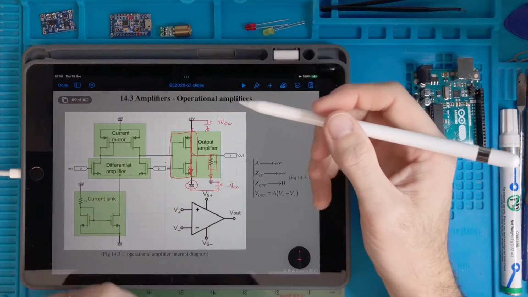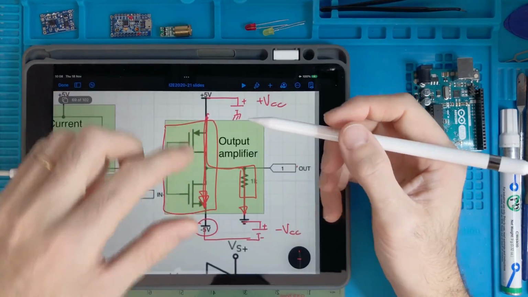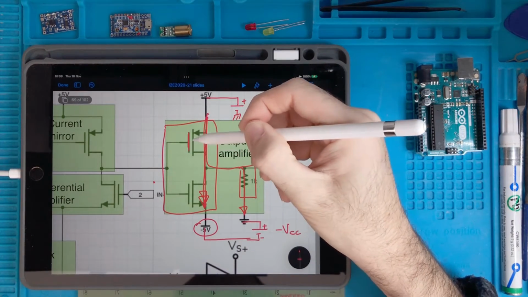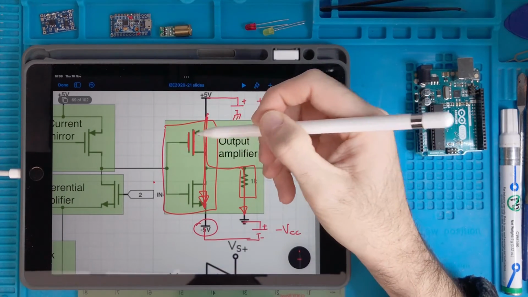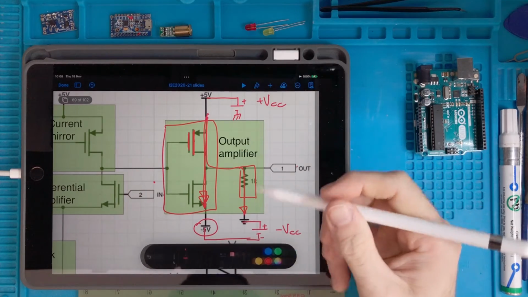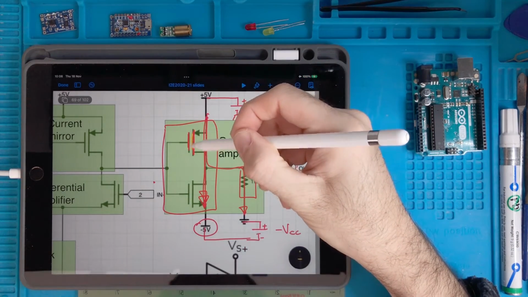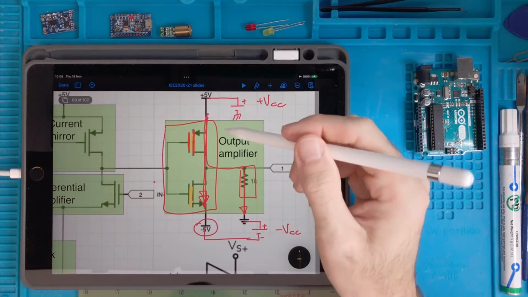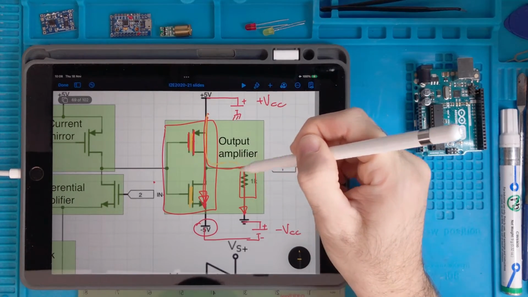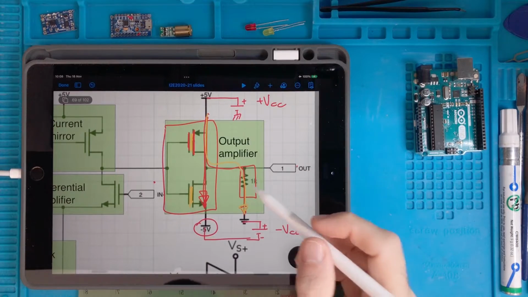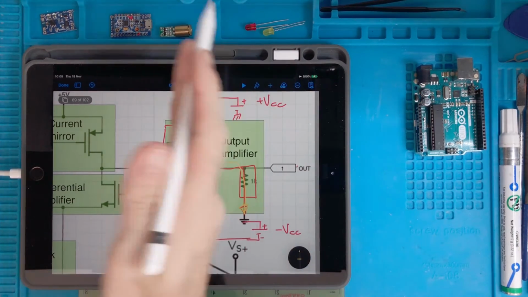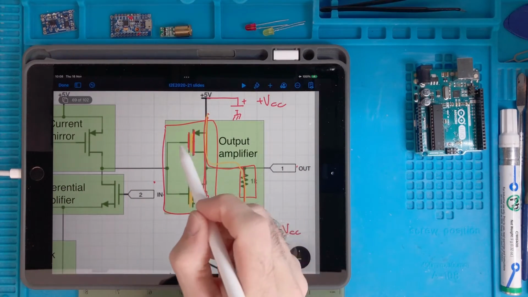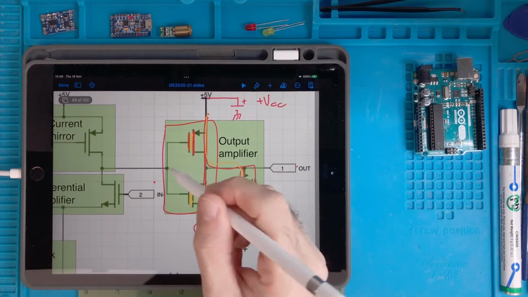And because the gate of the transistor is not really a direct connection, so remember that here we had a sort of insulating layer of oxide, so the current that flows at the output doesn't affect whatever is happening on the other side, because there is no electrical connection basically.